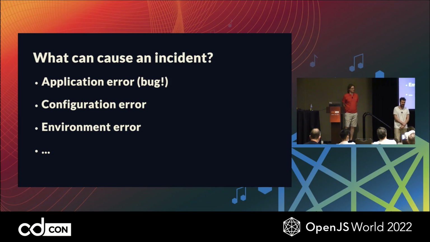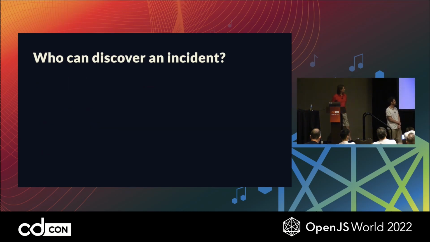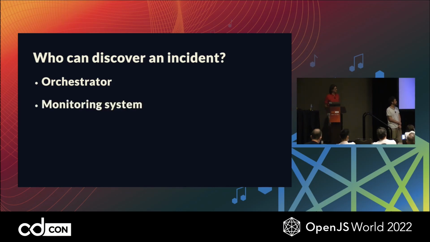So given that we have these different types of incidents, another question to ask is, who can discover these incidents? Well, an obvious one, perhaps, would be the orchestrator or the DevOps automation tool that is deploying your service and expecting it to come up. And if it doesn't come up, then that's a clear case of an incident having happened, and then we know that we can send information about that. It could also be some monitoring tool.